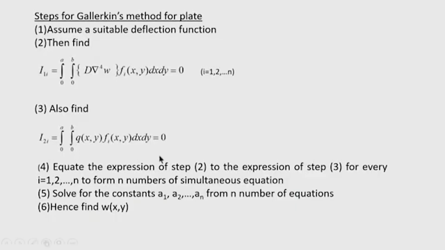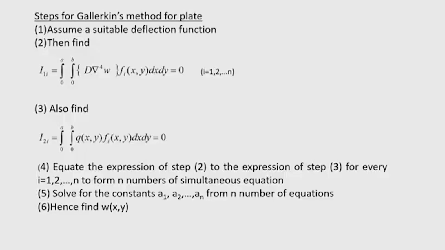Okay. So, let us discuss the steps of the Galerkin method. I will give you the systematic procedure to be adopted in the Galerkin method for solving the plate problem. The first step is to assume a suitable deflection function. The deflection function can be assumed as a trigonometrical series, or as a polynomial function. It depends on the choice of the analyst, or it can be assumed as a combination of these.